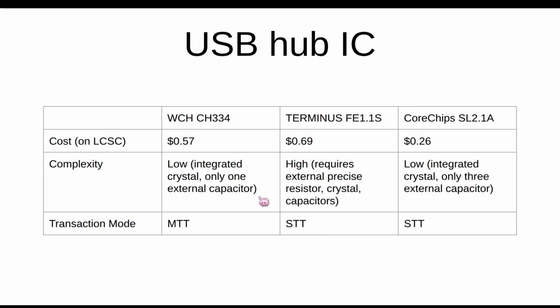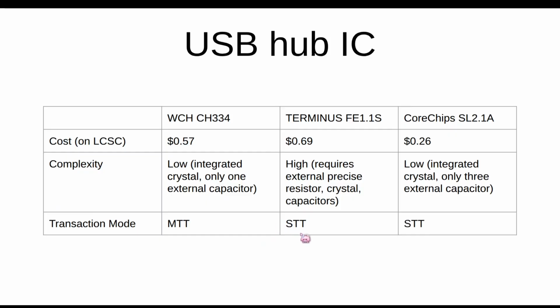Another upside to using the CH334 is that it supports multi-transaction transport. Actually, I need to clarify on that, but basically, when you're using your mouse, your camera, and your keyboard at the same time with MTT, you will be able to use them all at once without bottlenecking.